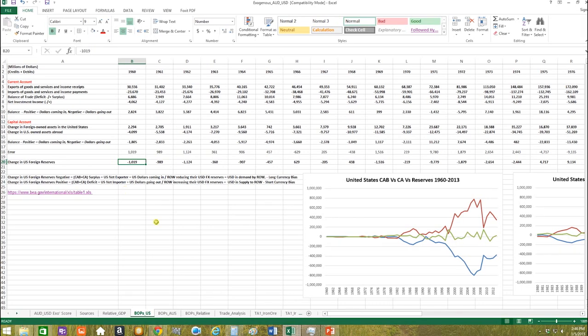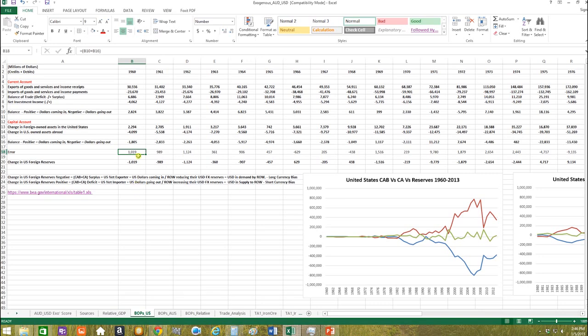So let's just go through this quickly again so we fully understand it and comprehend what's going on here. If this number is positive, the error is positive, it means that more dollars are coming in. This number represents the amount of dollars that are coming in. But it also represents the amount that the rest of the world's US dollar reserves are going down.